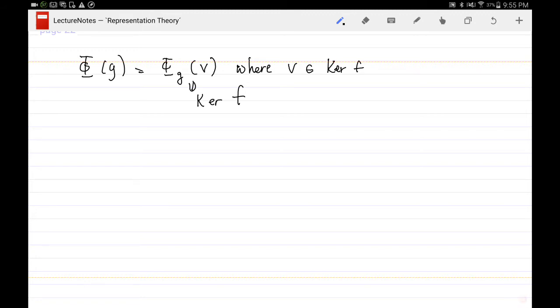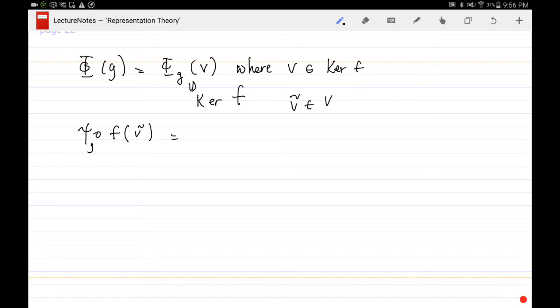If it's a representation homomorphism, then we had a condition on F. So remember, a representation homomorphism meant that if I have two representations, in our case here let's say we have phi, then F goes from V to W. So if F acts on v twiddle, where v twiddle is in V, F acts on v twiddle and it will produce some vector in W, and then psi will act on that vector.